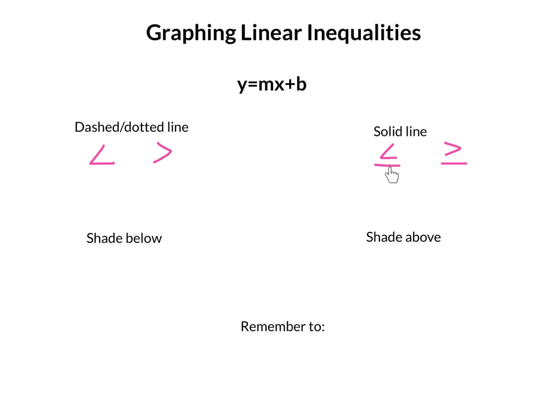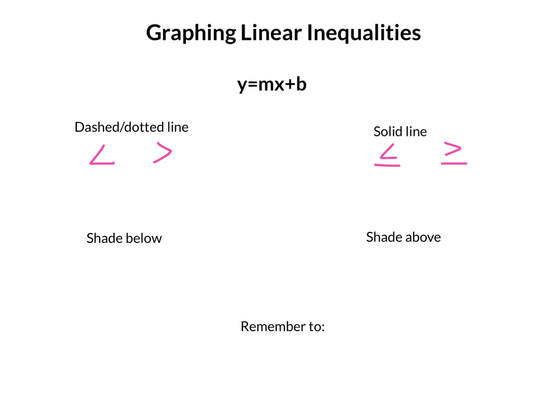In other words, if you have that little equal to line underneath the inequality, you're going to have a solid line. That's how I always remember it. If you have a line, you have a solid line. If you don't have the line, then you don't really have a line. It's just a bunch of dots or little dashes. So no line, no line. If you have a line, you have a line. That's an easy way to remember it.